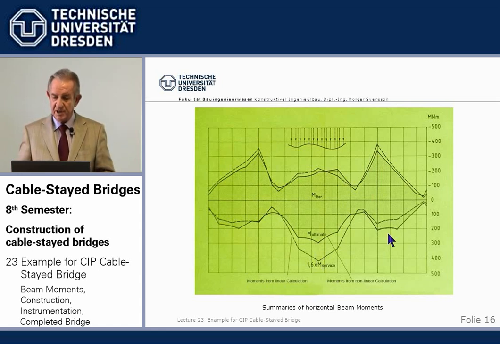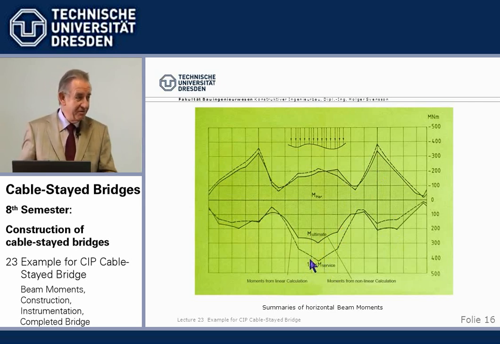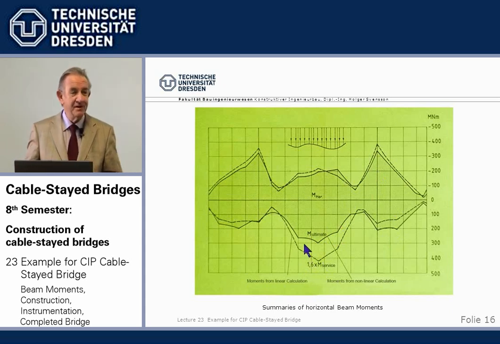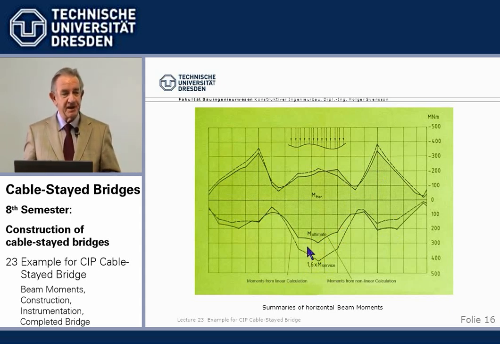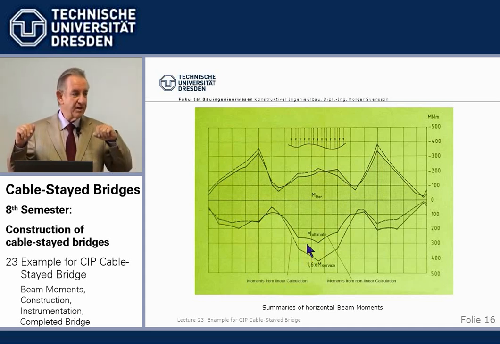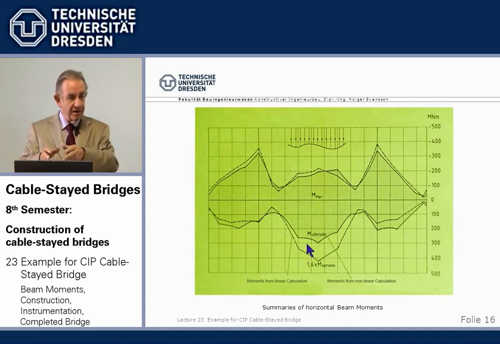Not everywhere here it's bigger, but this I always thought, and we've looked into that very carefully, why we didn't believe it at the first time, but it's true. So just remember, cracking, as you know, in a continuous girder, can lead to redistribution of moments away from the softer spots to the hard spots.